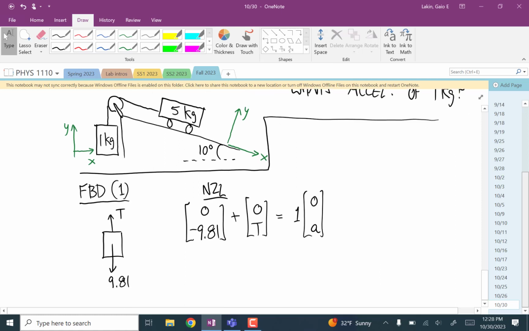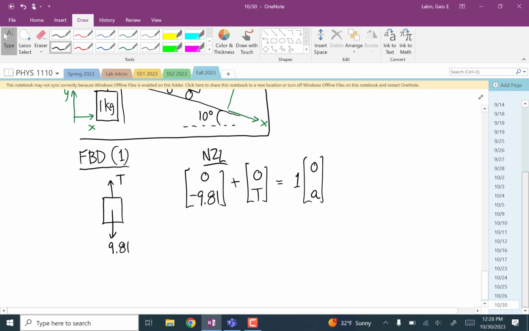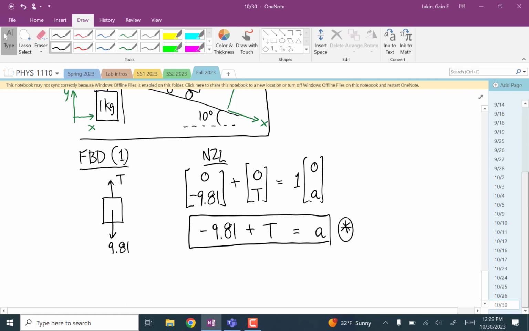And I think that's the trickiest thing about this kind of problem. So the y equation says negative 9.81 plus t is equal to a. We can't solve that because there's two variables in it, but we'll set it aside for later.